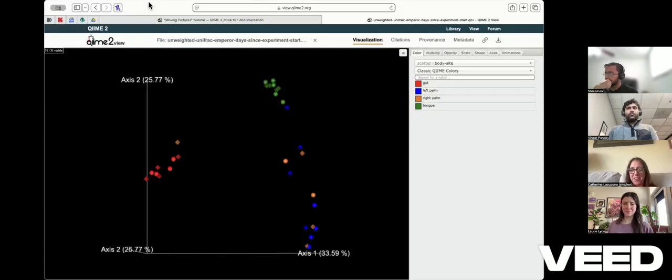Then I'll make a joke that the left palm and right palm are mostly clustering together, except you can see one of the right palms is clustering with feces, and one of the left palms is clustering with mouth. How does that happen?